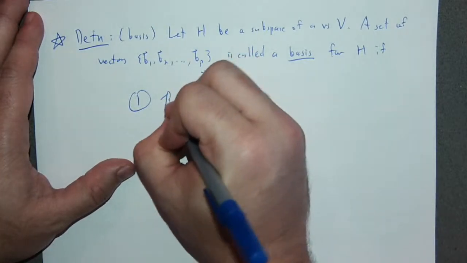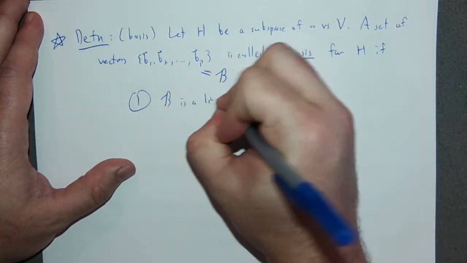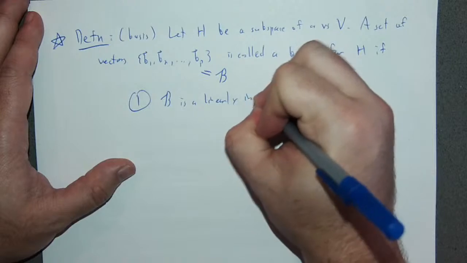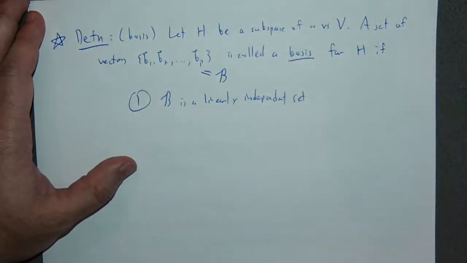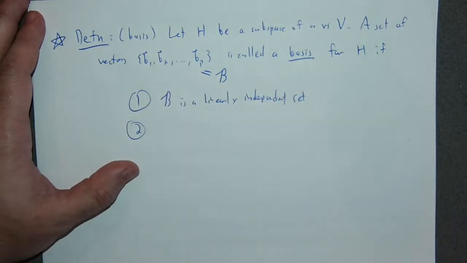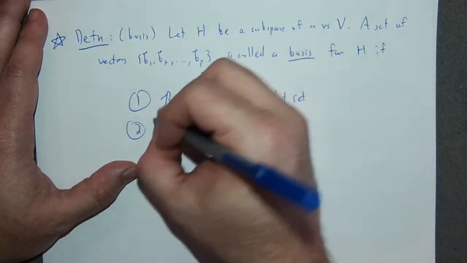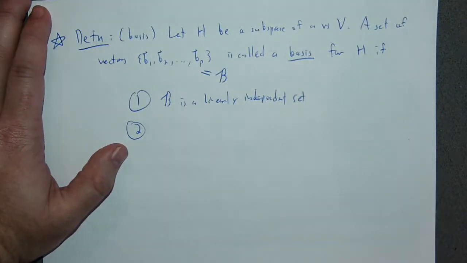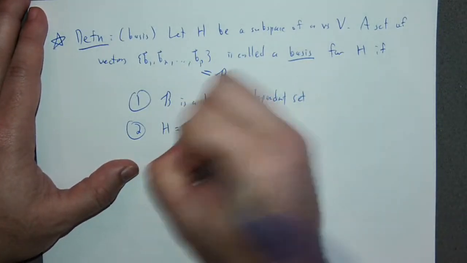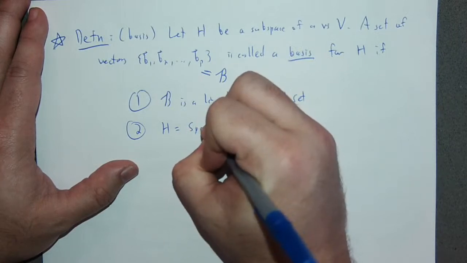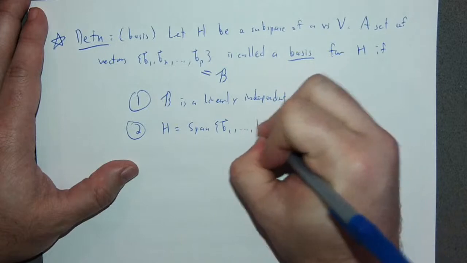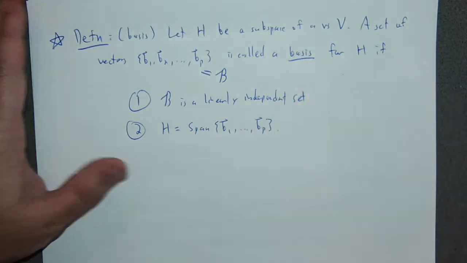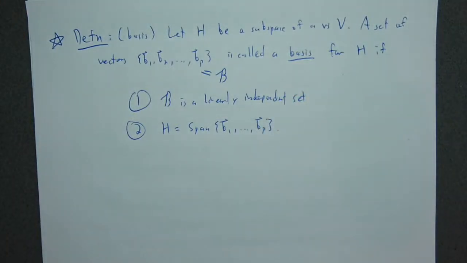One, B is a linearly independent set. And two, the subspace spanned by B coincides with H. So H is equal to the span of the vectors that make up B.